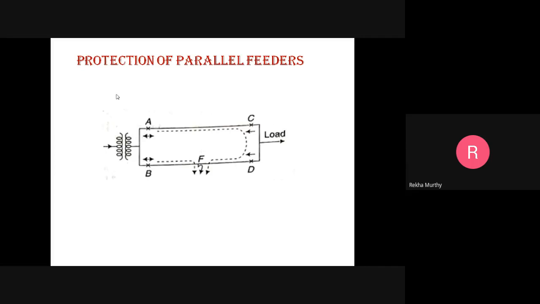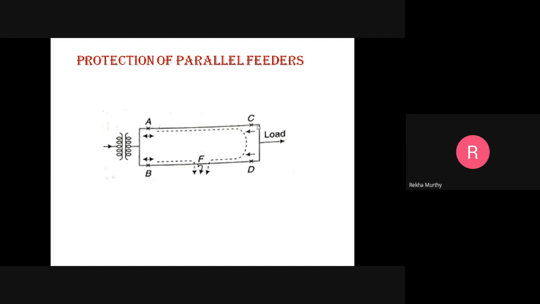The bi-directional symbol you can see is an indication of a non-directional relay. At the other end, this will be the source side, and this is the feeder line. The feeder line is at the position of C and D.